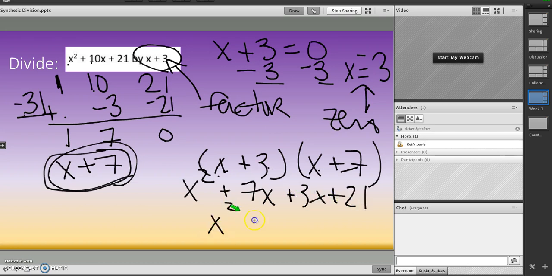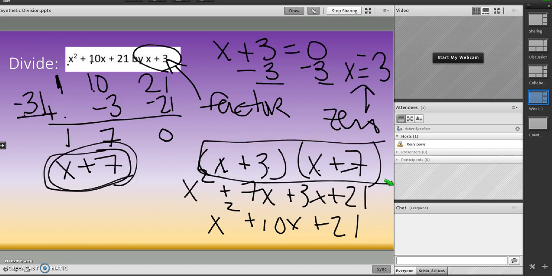So I get x squared plus 10x plus 21. So, just so you know, x squared plus 10x plus 21 is the same as x plus 3 times x plus 7. So, it's another way to factor, okay?